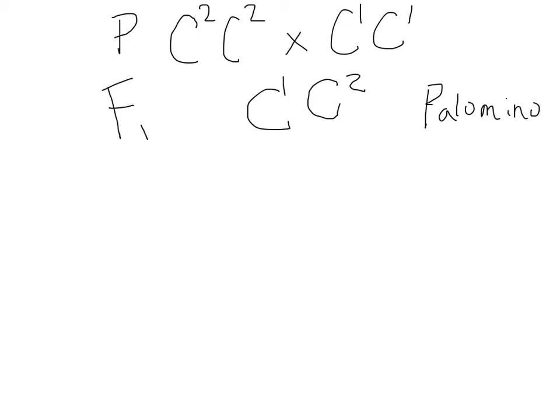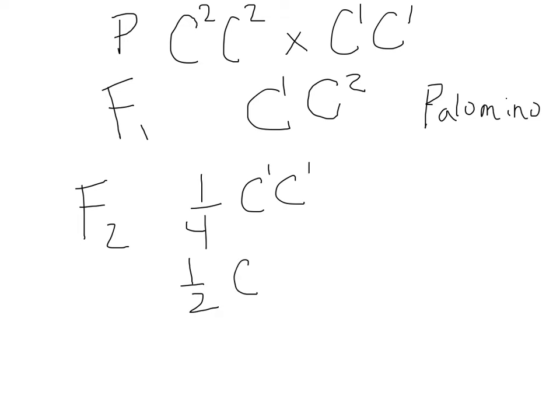which is 100%. Then in the F2 generation, if you cross two heterozygotes, I would expect to get 1/4 C1 C1, 1/2 C1 C2, and 1/4 C2 C2.